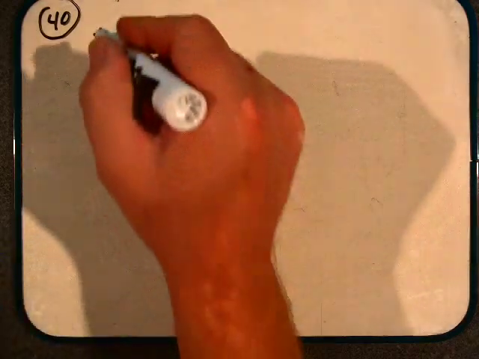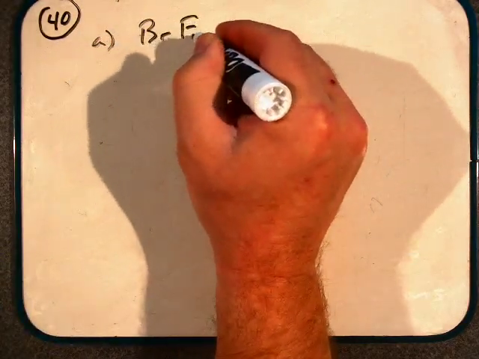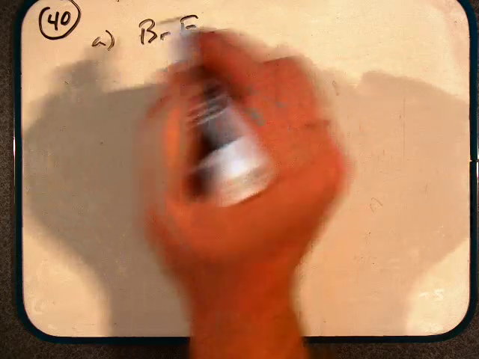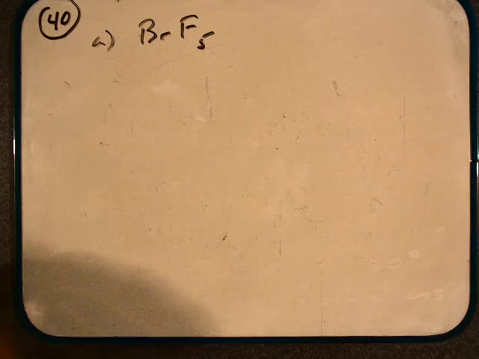So for A, part A is looking at BrF5. With bromine pentafluoride here, we would need our bromine to expand its octet in order to have 5 bonds.